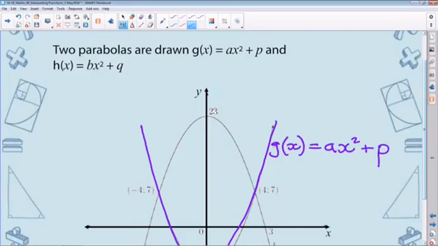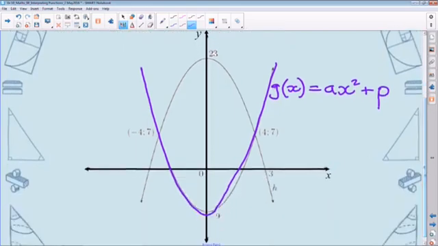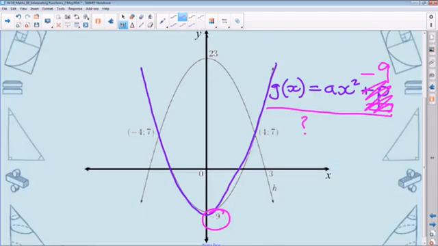Now, you'll remember that our p value is our y-intercept. So that's really nice. We can immediately replace that with -9. We didn't even have to think there. So now we have the equation of g of x is equal to ax squared minus 9. So how do we find the next value, a?